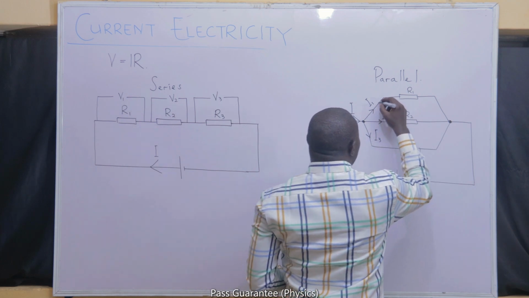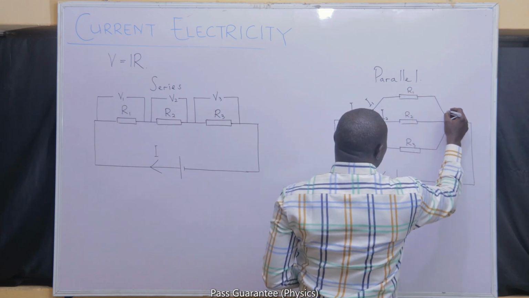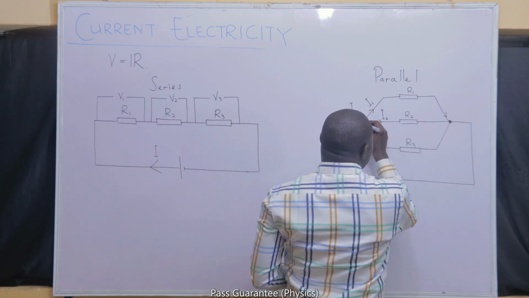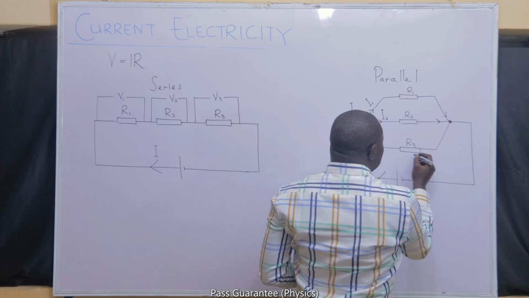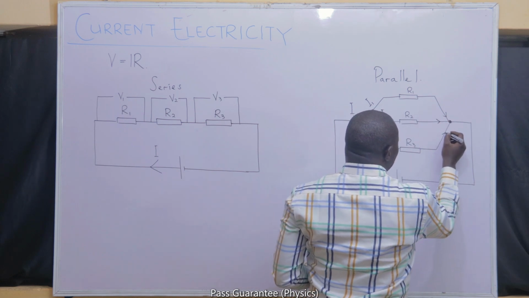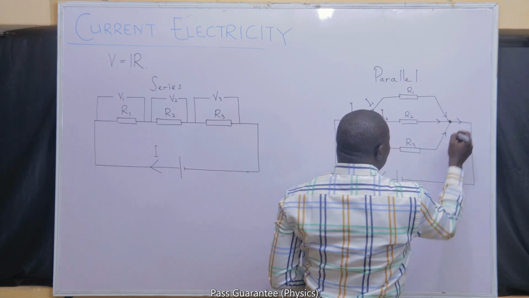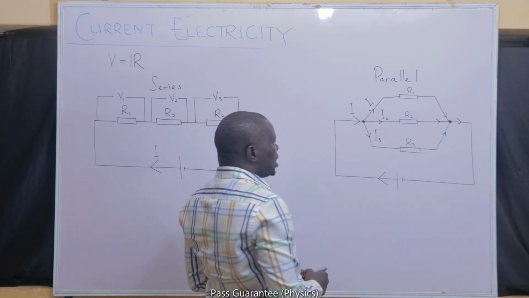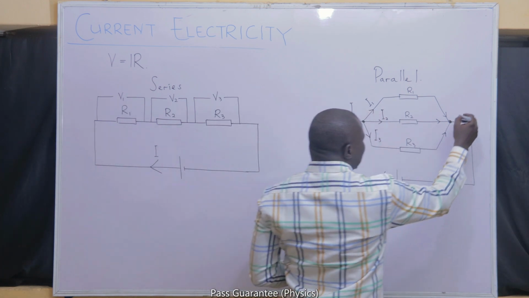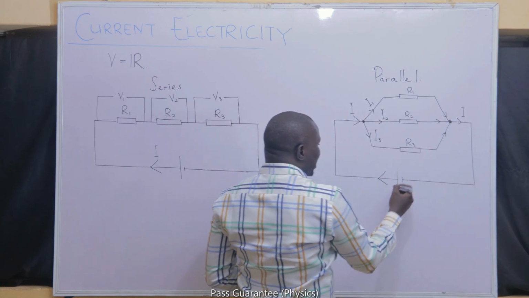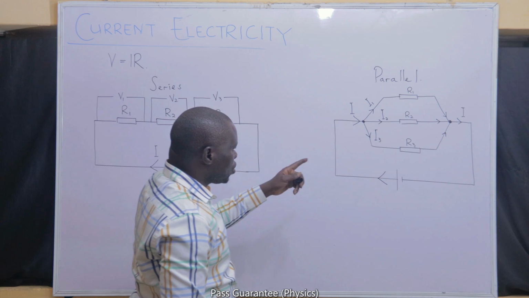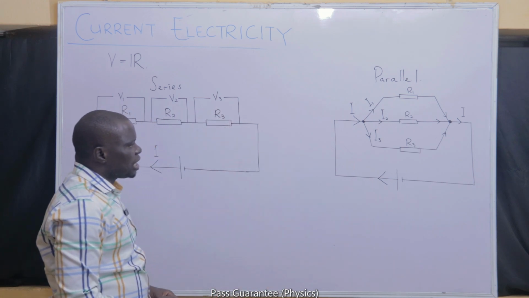Of course, after I1 passes through R1, it will come out through this other end. After I2 passes through R2, it will come out through the other end. After I3 passes through R3, it will come out of this end, and the three of them will reconverge and continue their motion at the other end, such that after that junction, they are expected to return back together as I into the cell and also continue another revolution around the circuit.